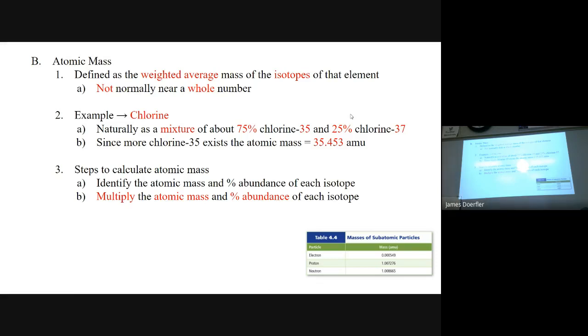And once we have multiplied everything that we need to, we then add up all of those products that we just calculated in B. We're going to add all of those together.